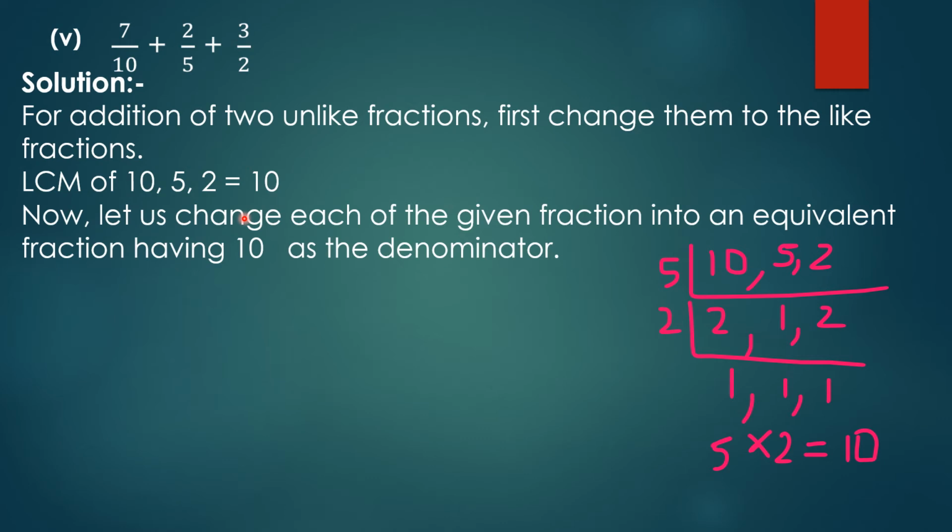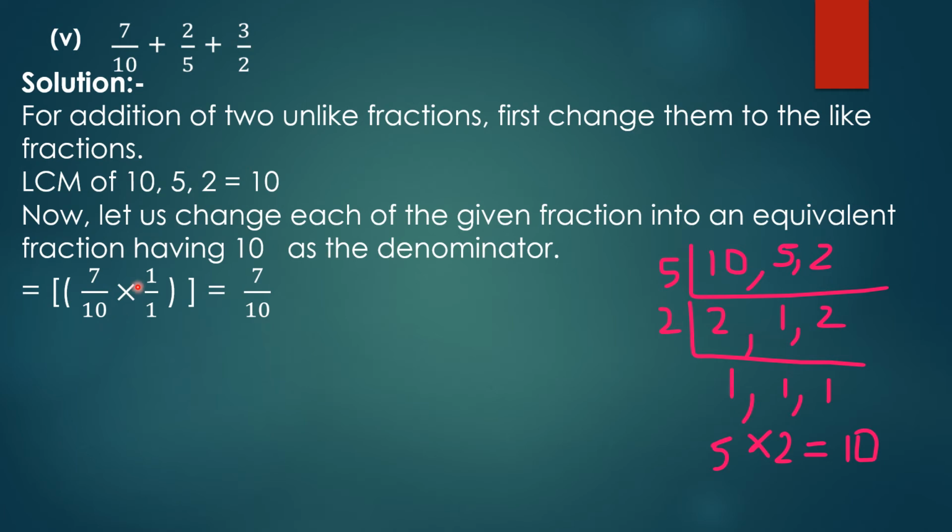Next what we have to do? We have to change each given fraction into an equivalent fraction having 10 as the denominator. So we need 10 as the denominator. So take the fractions one by one. The first one, 7 by 10. So already we have the denominator 10.